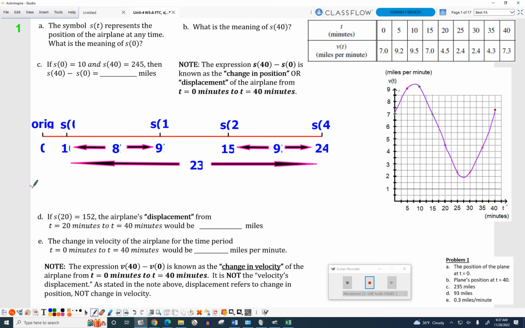Item A on the page is really simple. It says the symbol S of 0 represents what? What S of 0 represents is the position of the plane at time 0. That's the answer to the first question. That's just review from Unit 1.